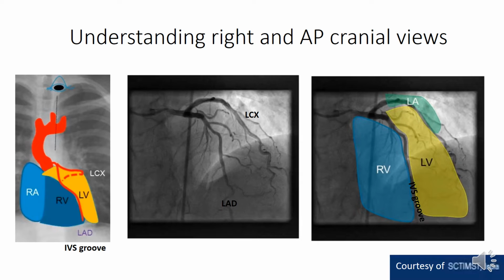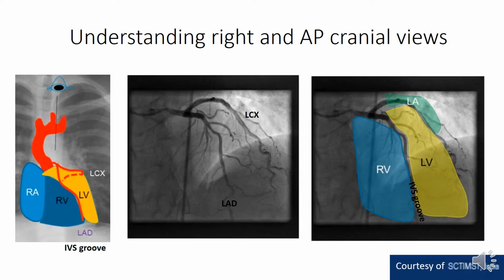For more orientation about the chamber, we see here the LAD running in the interventricular septal groove, separating the right ventricle from the left ventricle, and the circumflex vessel running in the AV groove, separating the left atrium from the left ventricle. When you see this view with this orientation, just memorize this picture.